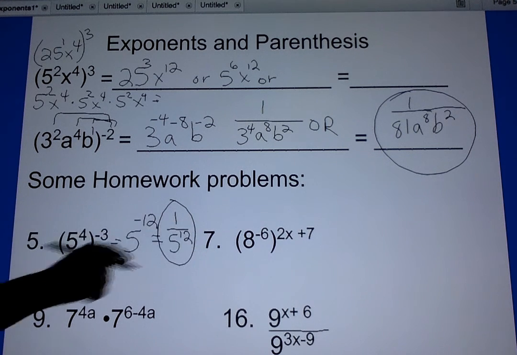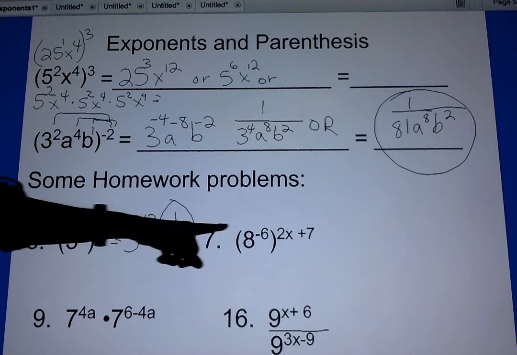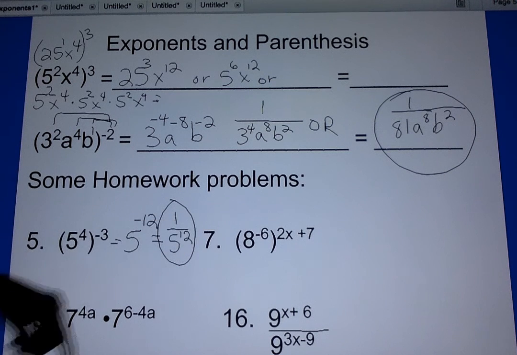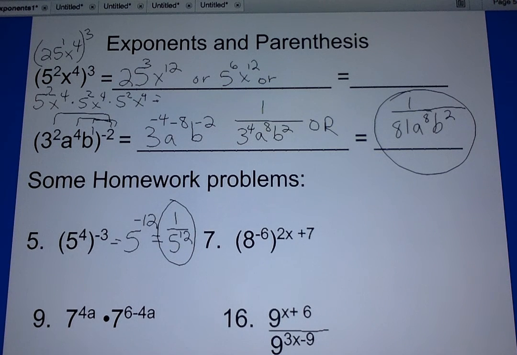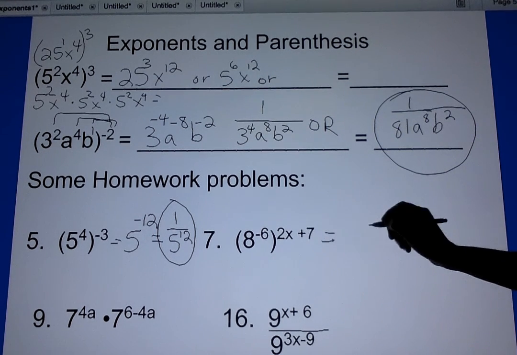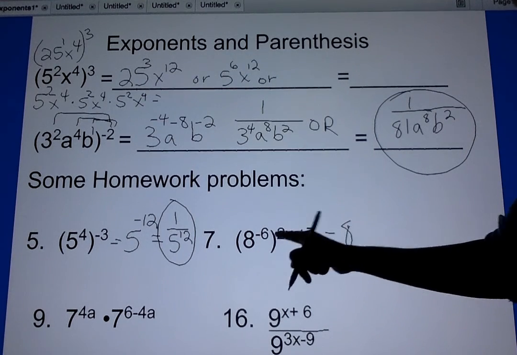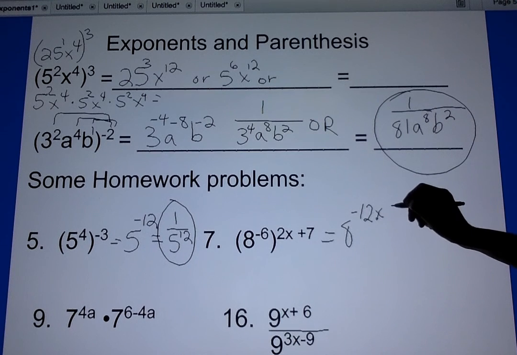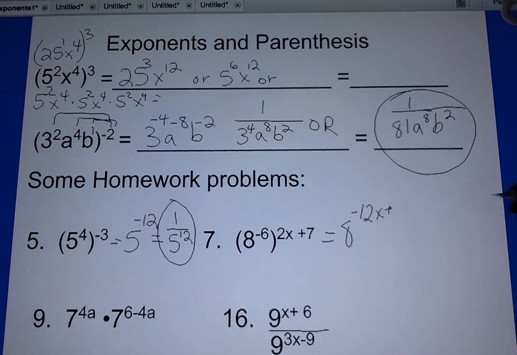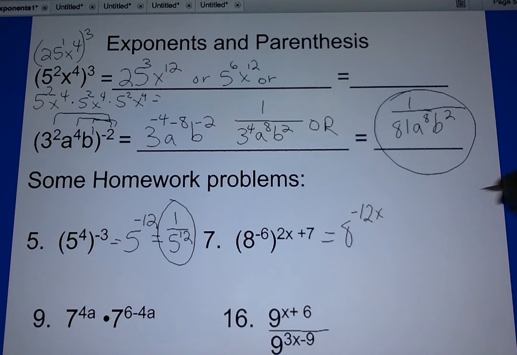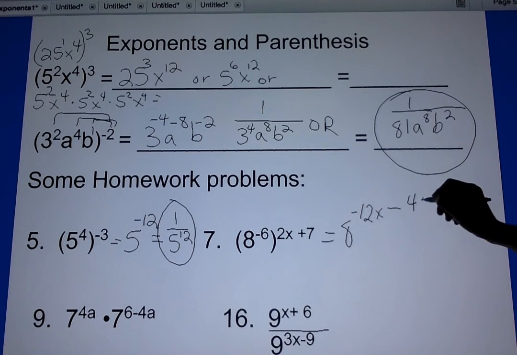All right, now we're going to go on to number 7. And this is outside the parentheses, so we have to multiply the exponents. So we go -6 times 2, and we're going to do our multiplication first and simplification after. That equals 8, keep the base the same, -12x minus 42.